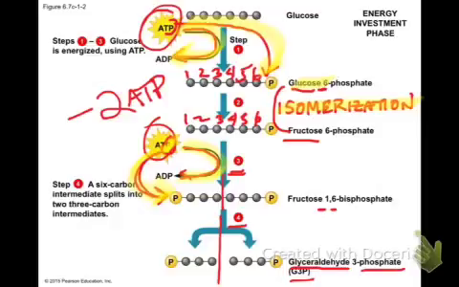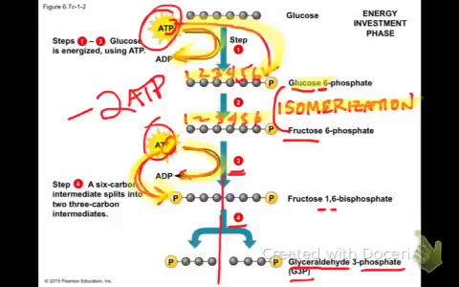Okay, because remember what an isomer is. So an isomer has the same molecular formula. So it has 1, 2, 3, 4, 5, 6 carbons. 1, 2, 3, 4, 5, 6 carbons. Same molecular formula, but it has, for instance, a different configuration.